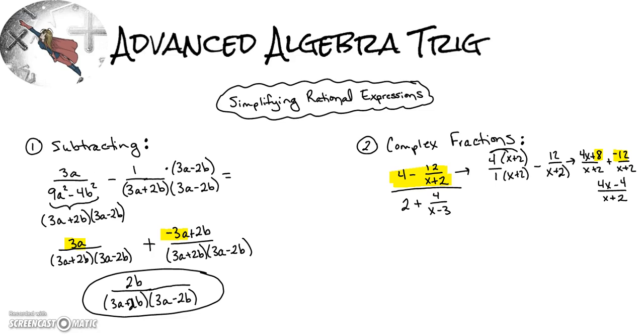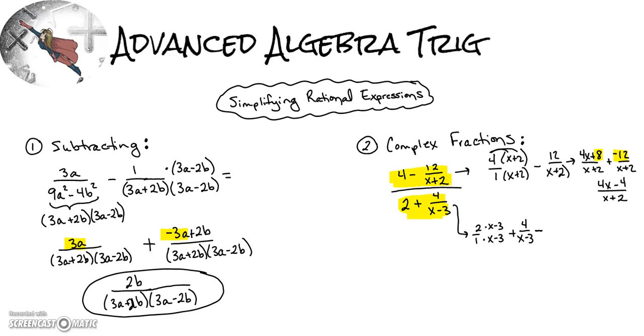Now I'm going to turn and work on this bottom part here. To be able to add the 2 plus the 4 over x minus 3, I need a common denominator. I need the 2 over 1 to be multiplied by x minus 3 on the top and bottom. And then I'm still going to have plus 4 over x minus 3.